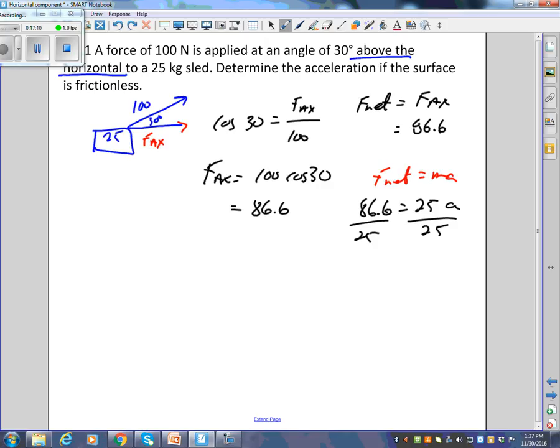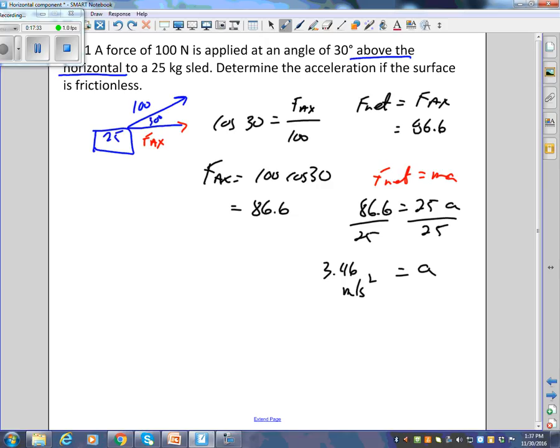Divide by 25. 3.46 meters per second squared.